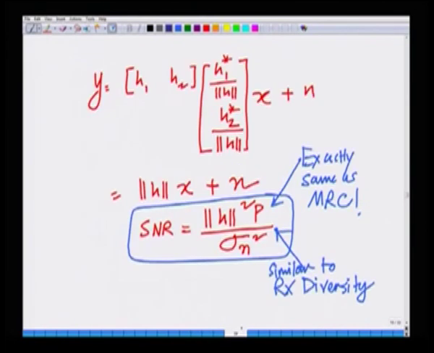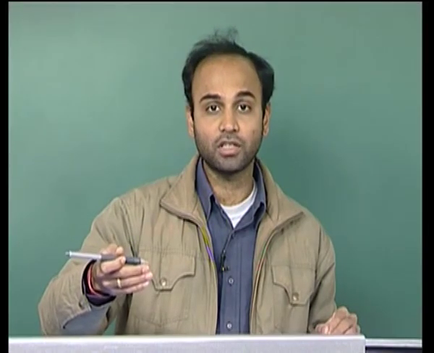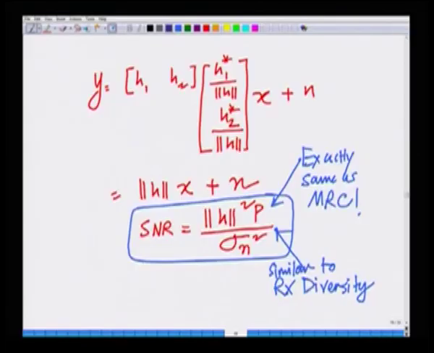We said that if these coefficients, h1 and h2, are known at the transmitter, then I can transmit the symbol x multiplied by the beamforming vector [h1 conjugate divided by norm h, h2 conjugate divided by norm h].